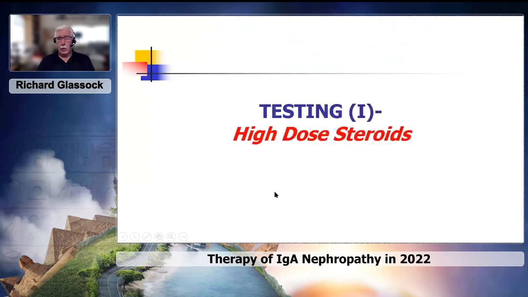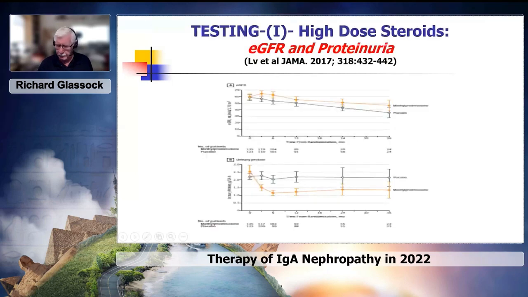Well, because of the premature abandonment of the high-dose TESTING trial due to high risk of even fatal infectious events, a second steroid trial was designed in which a low dose... I'm sorry, the results of the high dose trial, I got a little ahead of myself here.